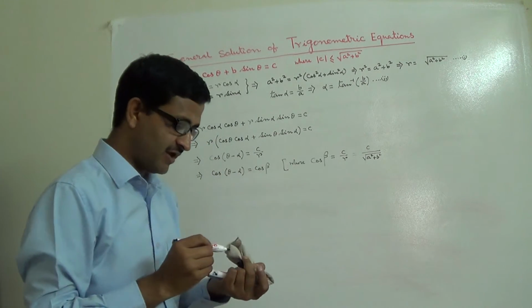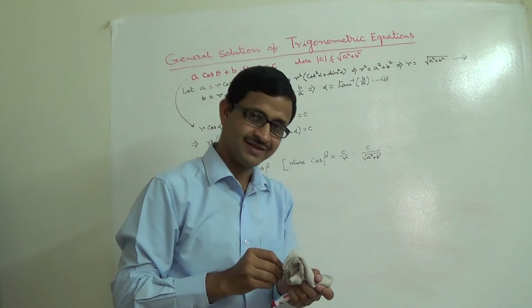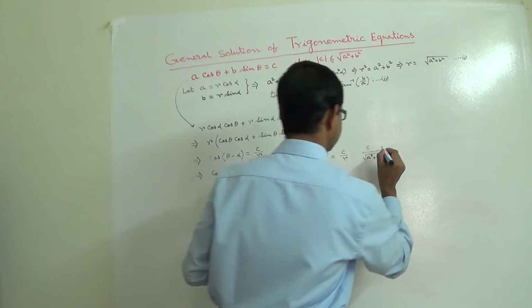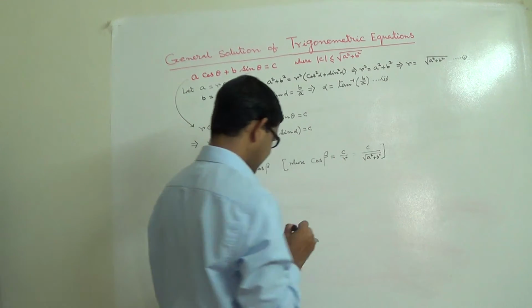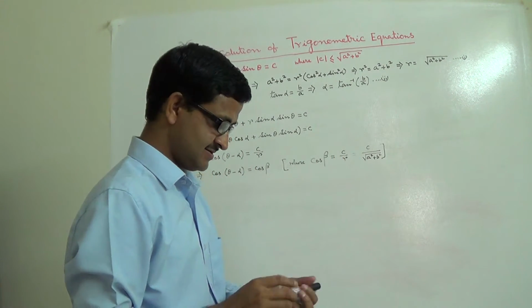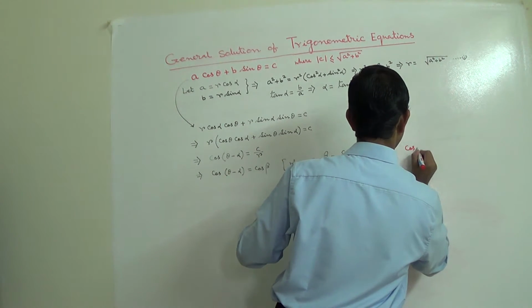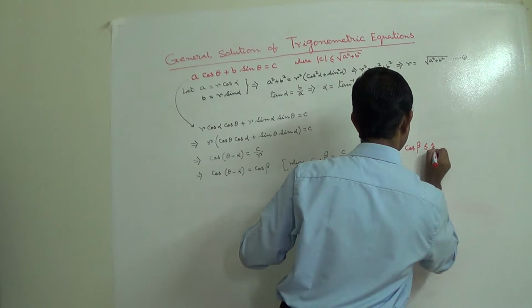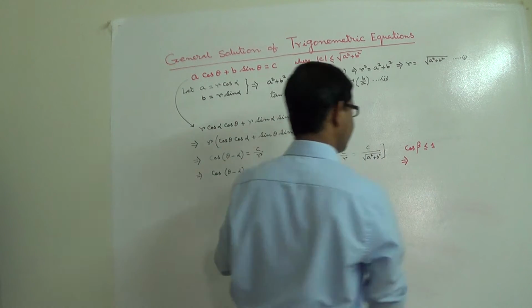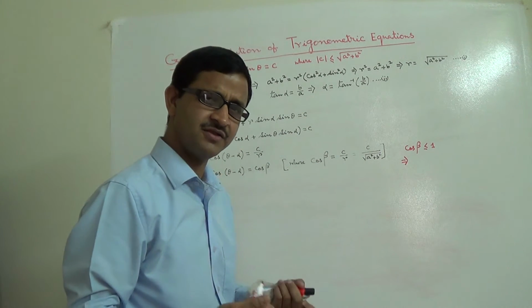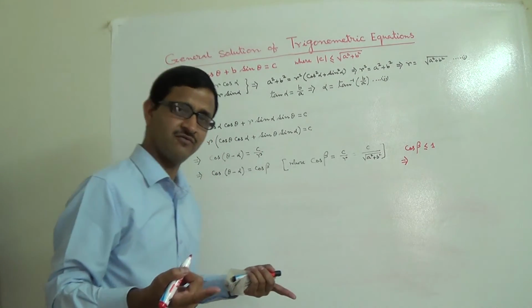Now we know the value of cos beta is always less than or equal to 1. The value of any cos, cos theta, is less than or equal to 1 for any value of theta.